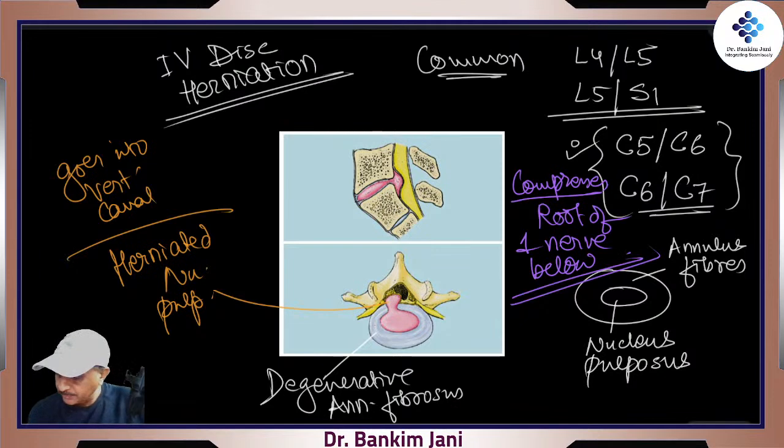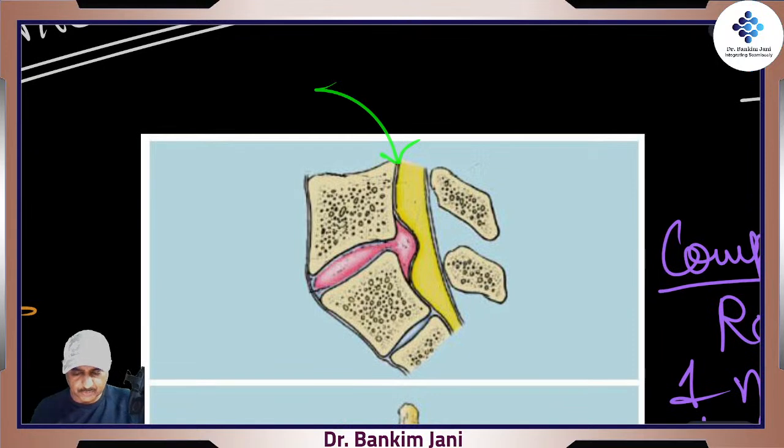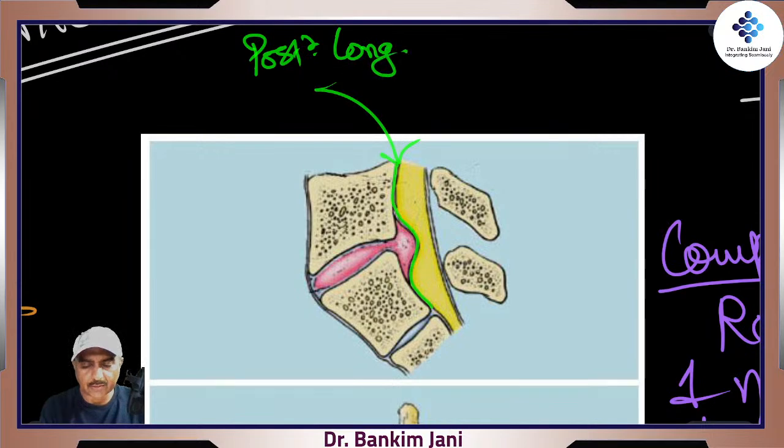You know? So let's take it like this. This one, right? See, this is what I'm talking about. Okay? This one, that one, right? So that one would be the posterior longitudinal ligament.